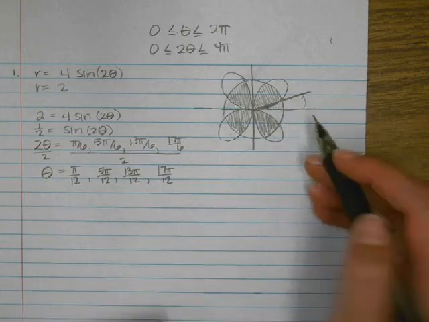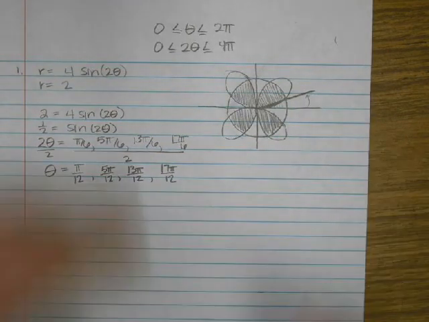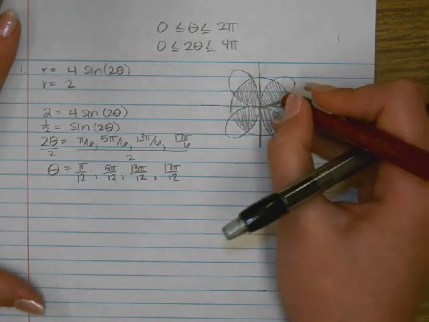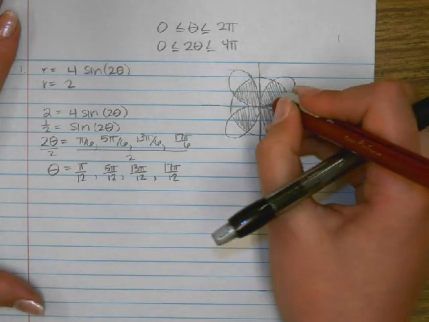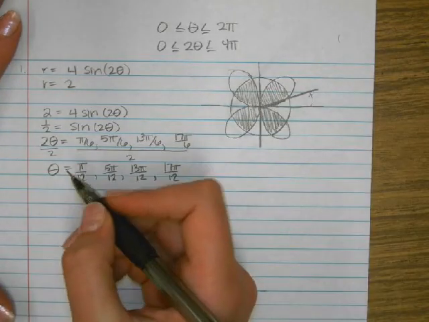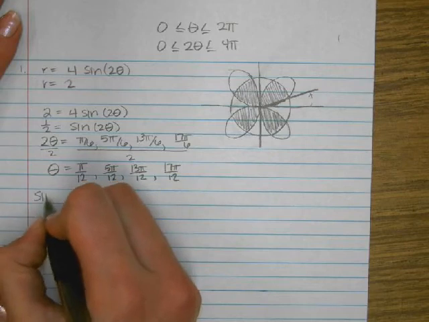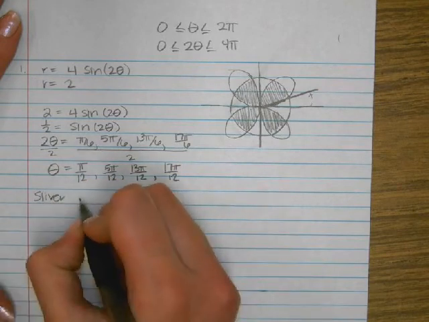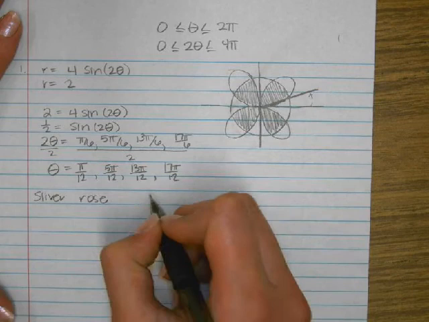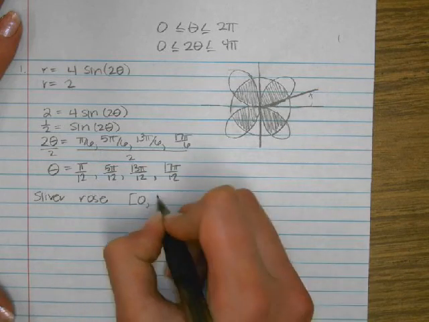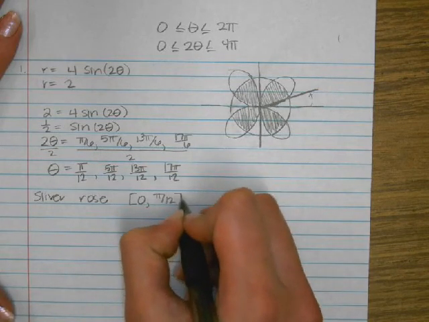We only want the sliver, and that comes from the petal. So my sliver is from the rose, on the interval from 0 to pi/12.